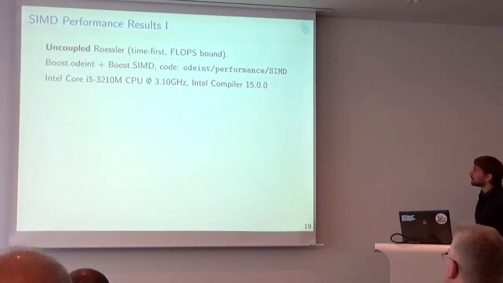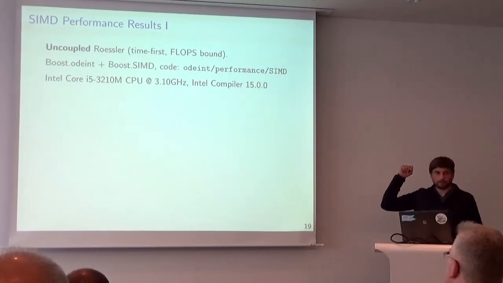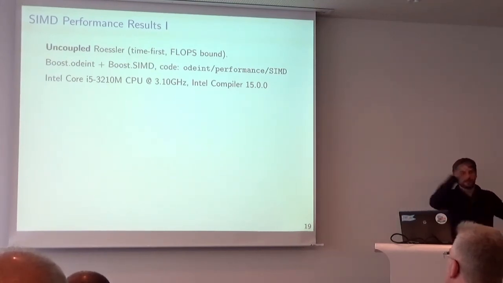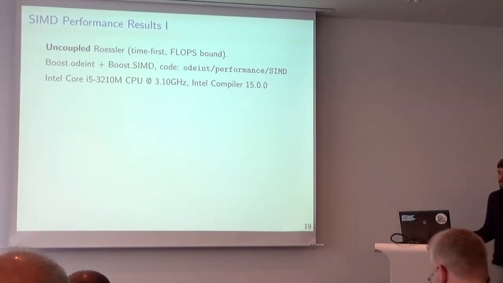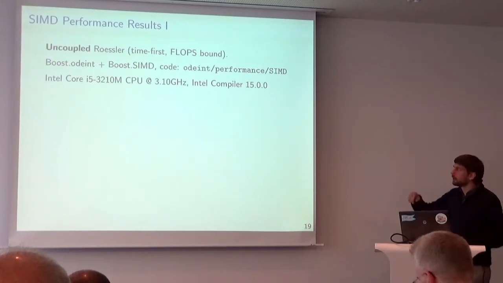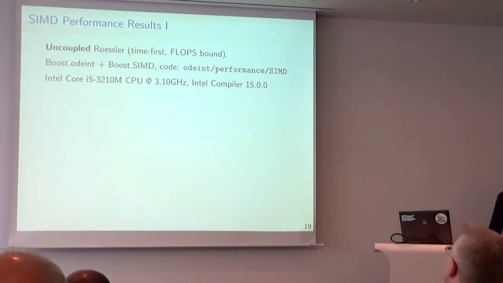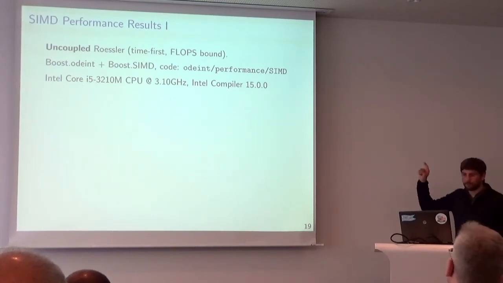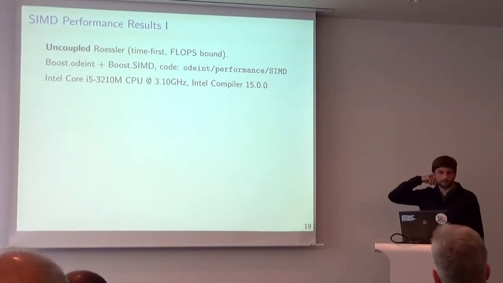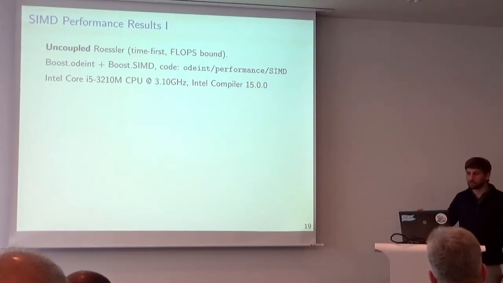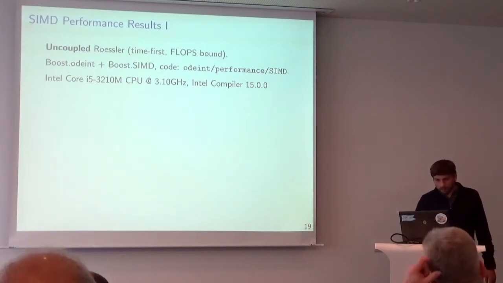Okay, so let's see how this works. I'm going back to the very first example of completely uncoupled systems where I used the Timefirst approach, which was flops bound. Boost ODE and Boost Simdi, these performance runs, I made them part of the ODE library, so you can actually find them online.